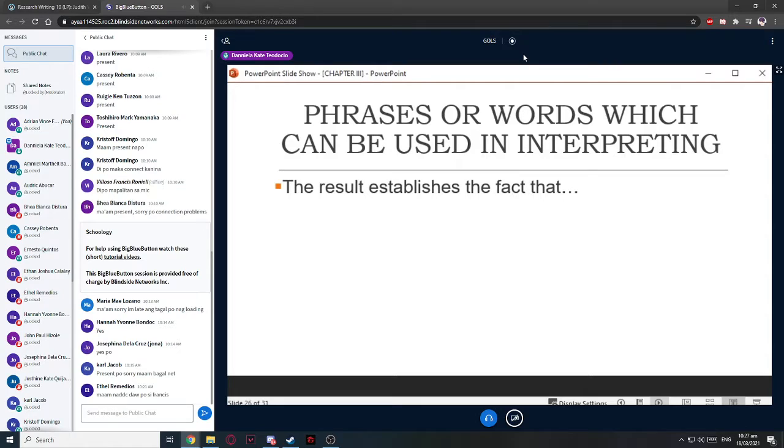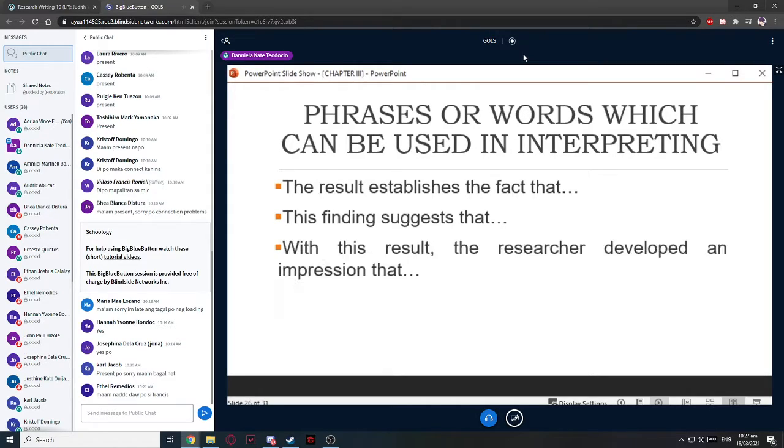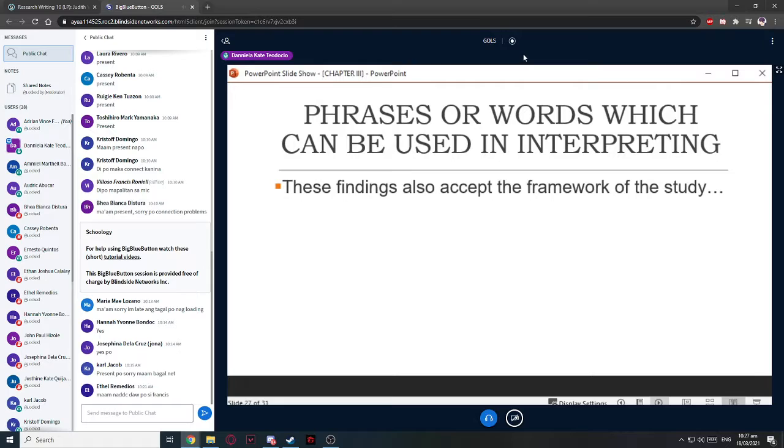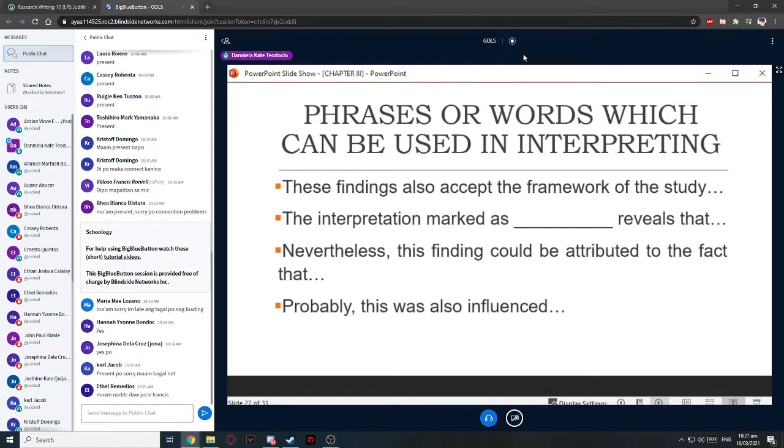We can also use: as a result establishes the fact that, the finding suggests that, with the result, the researcher developed an impression that, this finding also validates the findings of blank. This improvement in blank could be understood in the context of blank. Now, those are the phrases and words that you can use if you are going to interpret certain data in your chapter 3.